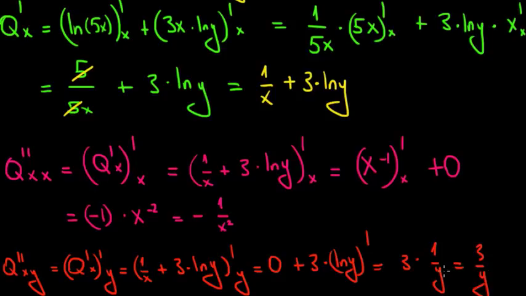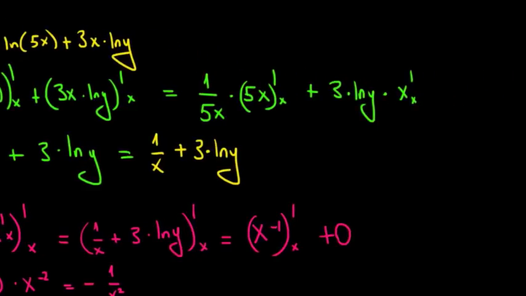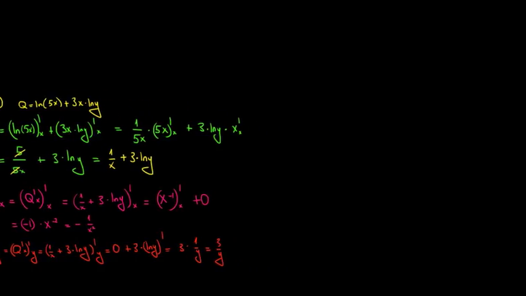So we got that. Now let's solve also the derivative with respect to y and the second derivative with respect to y. So q derivative with respect to y. Let's go to this side a bit so we can see the function. Actually, let me zoom out better so we can see everything. Over here, q derivative with respect to y.